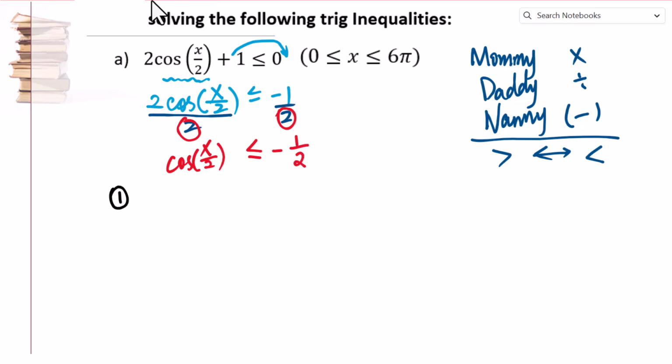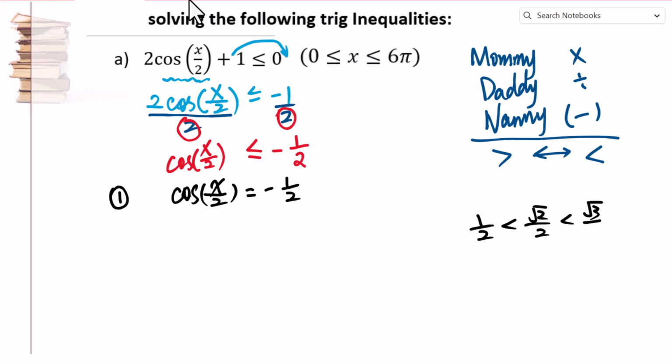After this, the next step will be solving the equation cosine x over 2 equals -1/2. We know 1/2 is less than square root 2 over 2, which is less than square root 3 over 2. When the opposite side is 1/2, the reference angle is 30 degrees, which is pi over 6.